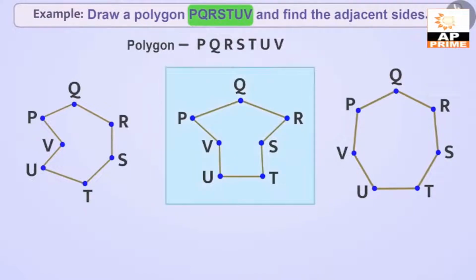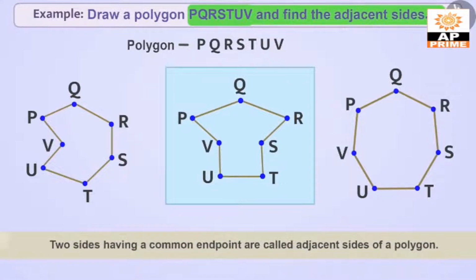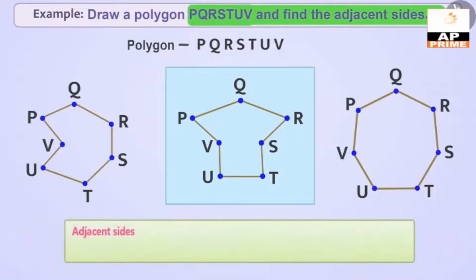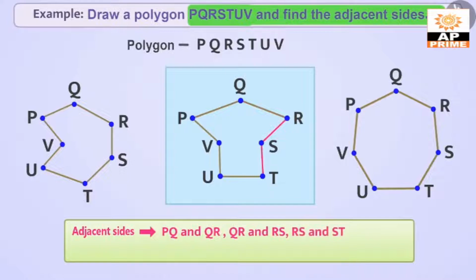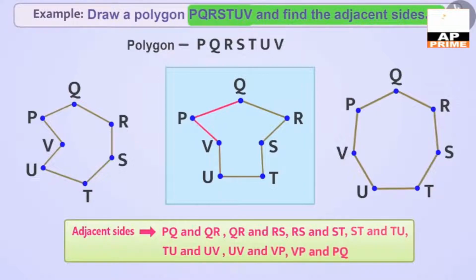Now let's find adjacent sides in a polygon. As you know, the 2 sides having a common endpoint are called adjacent sides. In this way, adjacent sides in polygon PQRSTUV are PQ and QR, QR and RS, RS and ST, ST and TU, TU and UV, UV and VP, and VP and PQ.